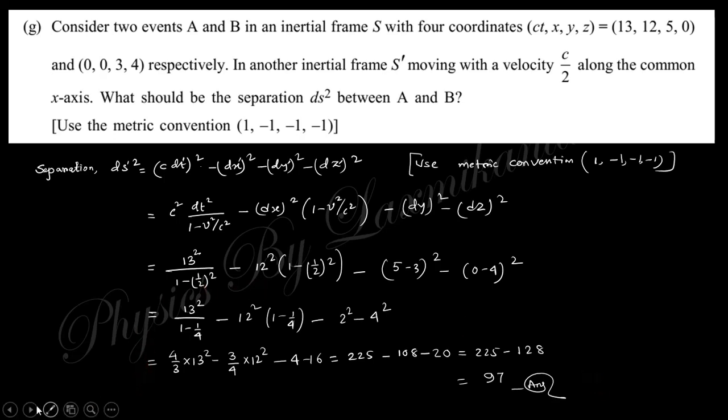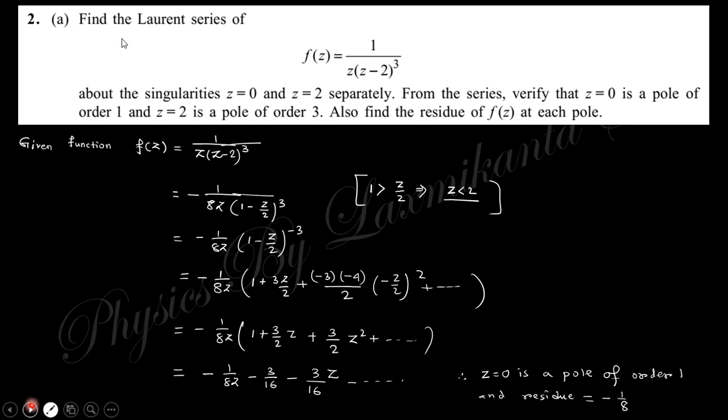Go to the next one. Find the Laurent series of this given function about the singularities z equals 0 and z equals 2. From this series, verify z equals 0 is a pole of order 1 and z equals 2 is a pole of order 3, and find out the residue of f of z at each point.